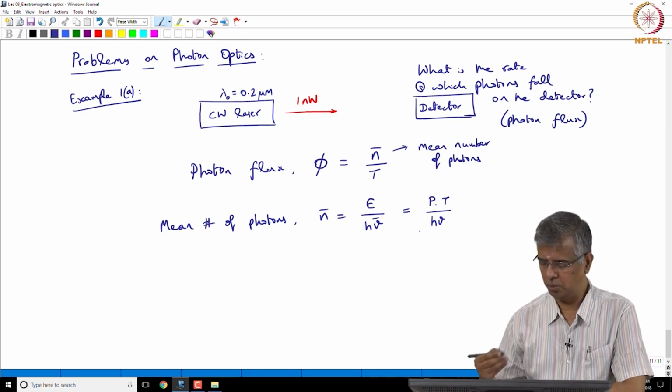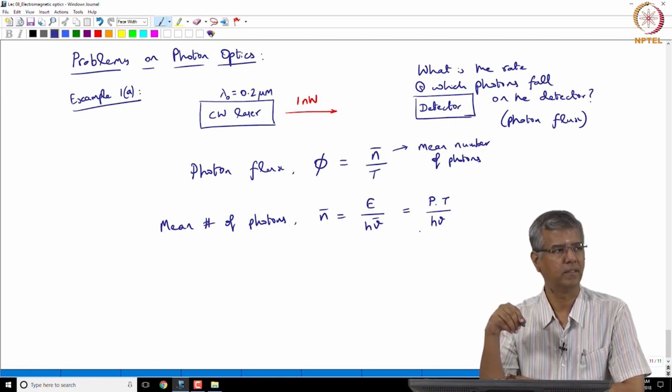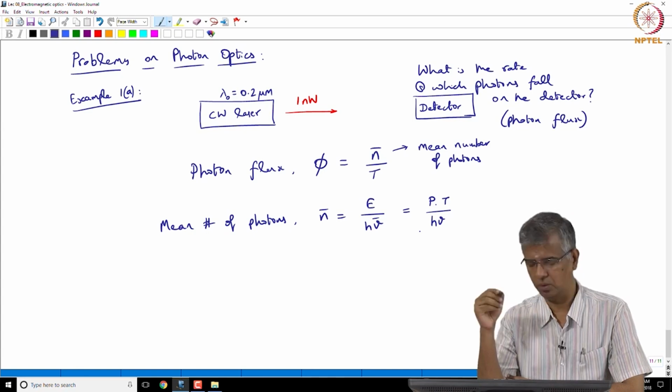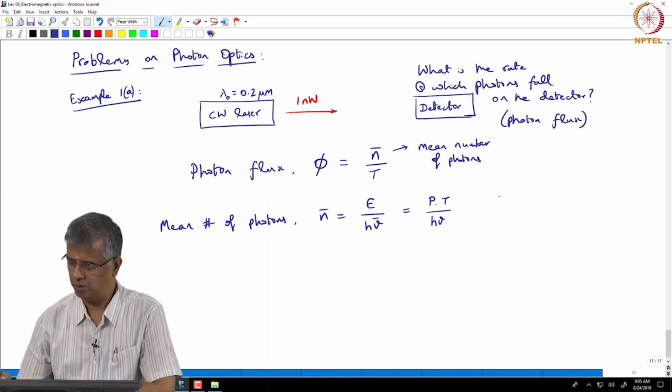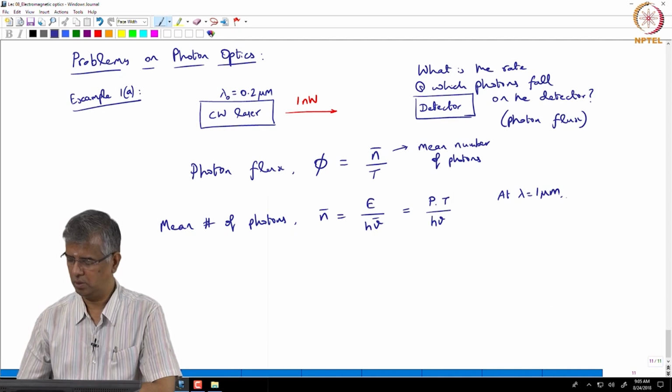And so now we need to find out h nu for the given laser. The laser is oscillating with 0.2 micron wavelength. So we know that at lambda equal to 1 micron, what is the corresponding E? What did we see?